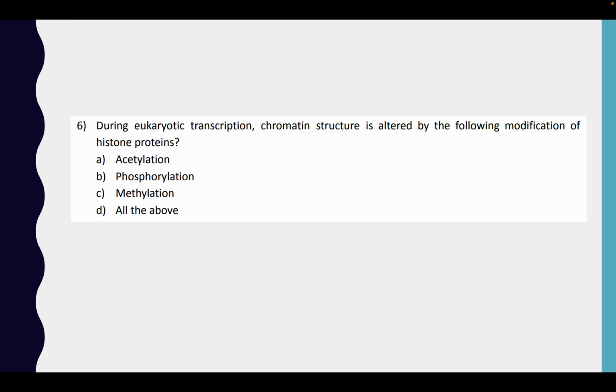Anyone knows the answer? Should I explain then?